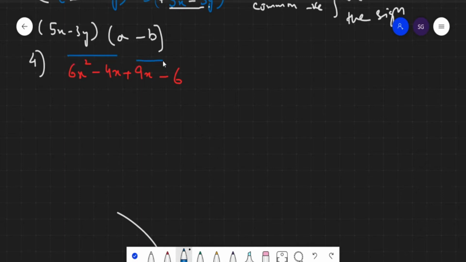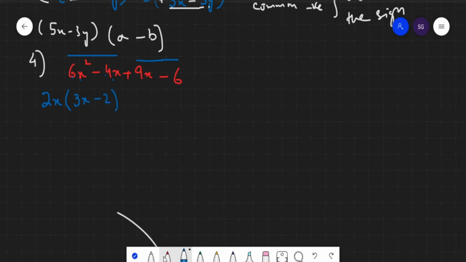I'll pair up and then I'll factorize each pair. 6x minus 4x. So among the numbers it's 2 common, and among the variables it's x common. I'm doing it directly here. If you don't feel confident, you can still go back to the rule number 1 at the start of the video and then come back to this example. So 2x is common from here, and I'm left with 3x minus 2.